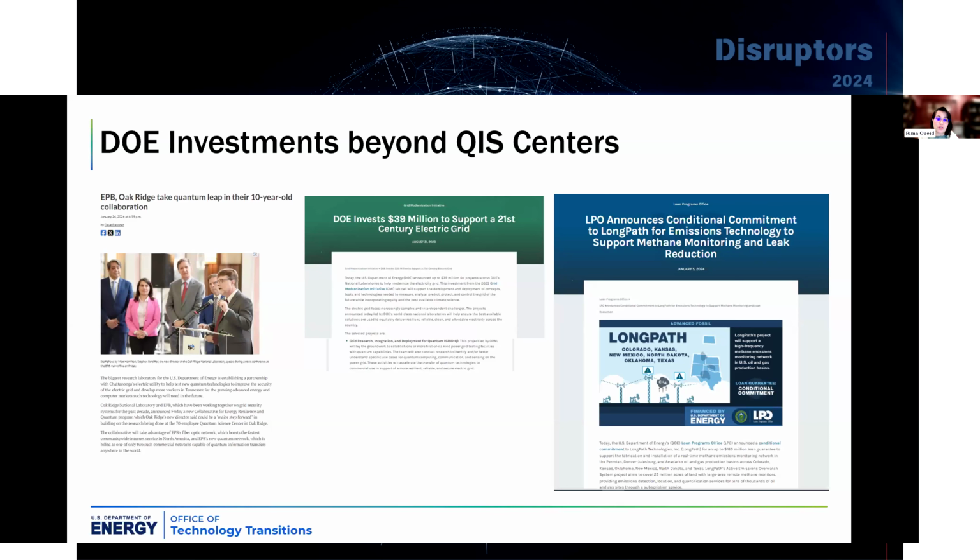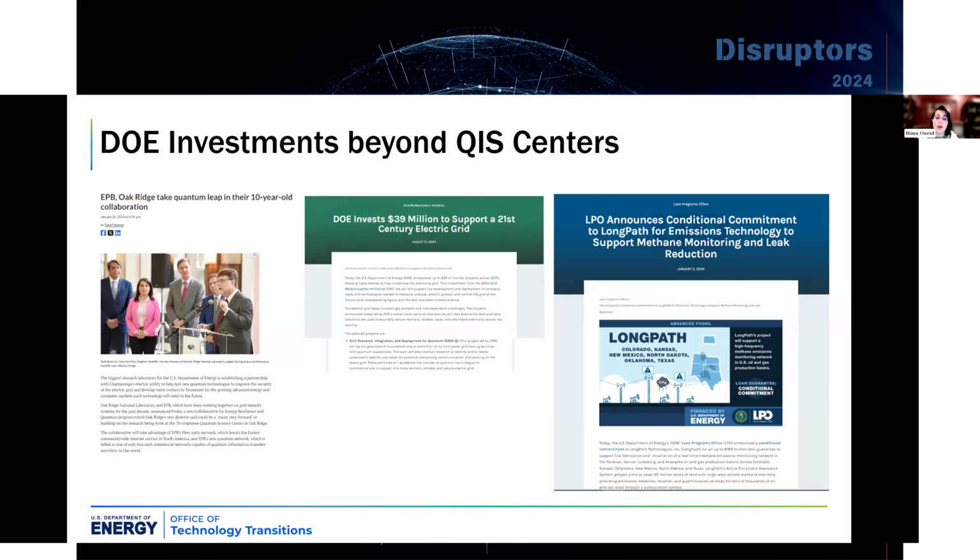But quantum activity has been taking place for quite some time, and we've got projects with the utilities that have been around for like 10 years. EPB is based out of Chattanooga, and there's a collaboration with Oak Ridge National Lab that has just been reinvigorated and has been getting a lot more support.